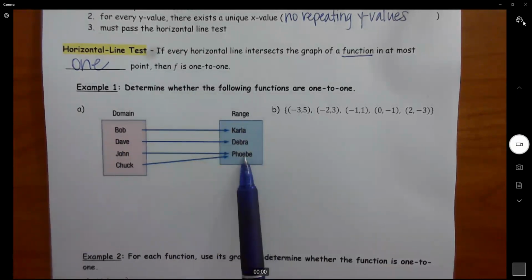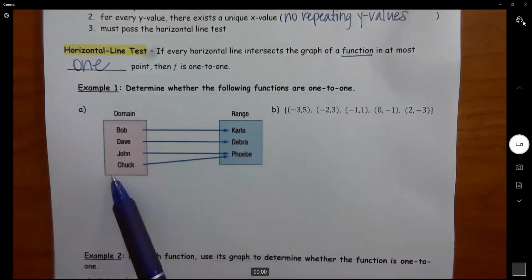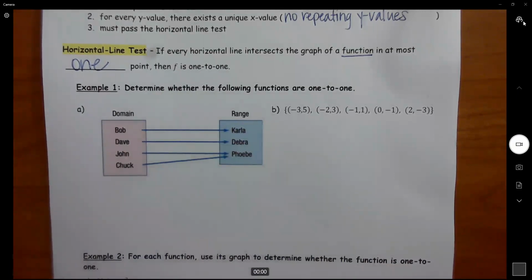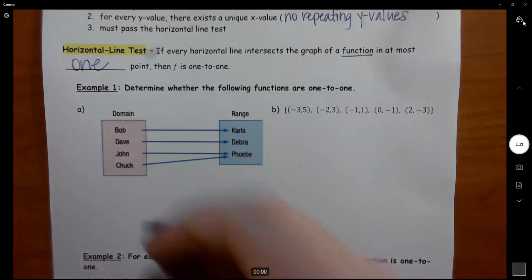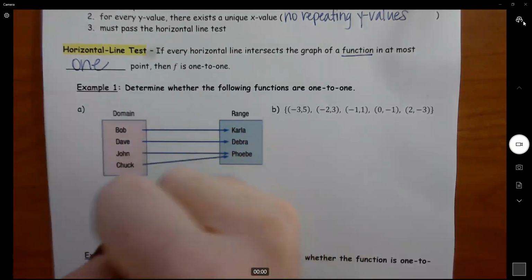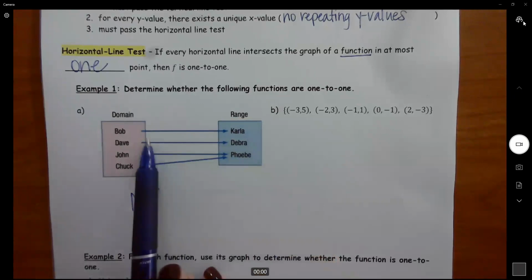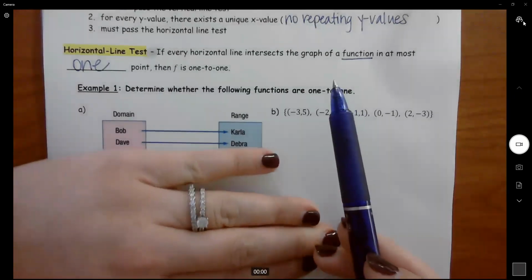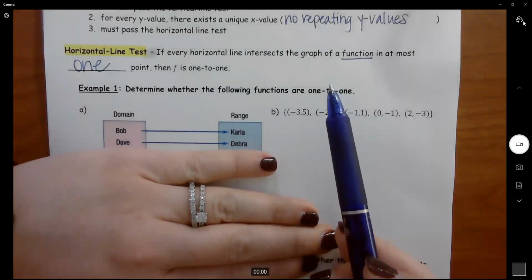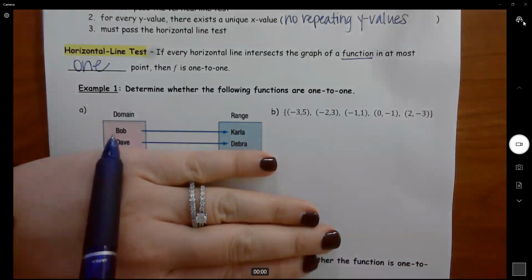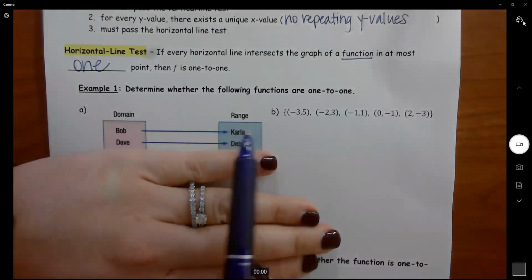Phoebe is not only dating John, but she is also dating Chuck. Since Phoebe is being unkind, this is not one-to-one. So for this to be one-to-one, it would have to look the way Bob, Dave, Carla, and Deborah are looking, where one guy is going to one girl, which is also going to the one guy.